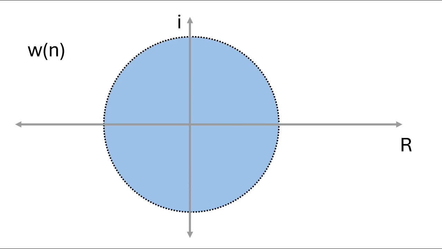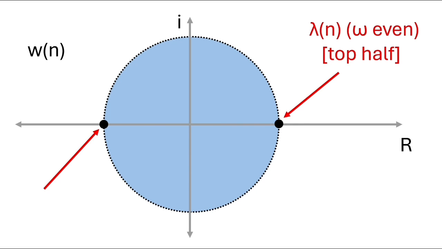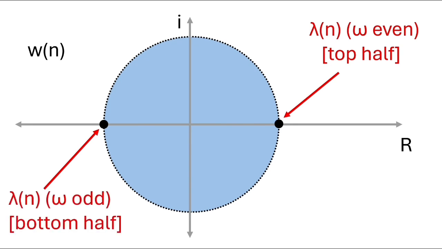So it sends every integer to one of two places, here and here. And if you recall, all the points that W mapped to the top half of the circle are mapped by lambda to the value positive 1. All the points that W mapped to the bottom half of the circle are mapped by lambda to minus 1.